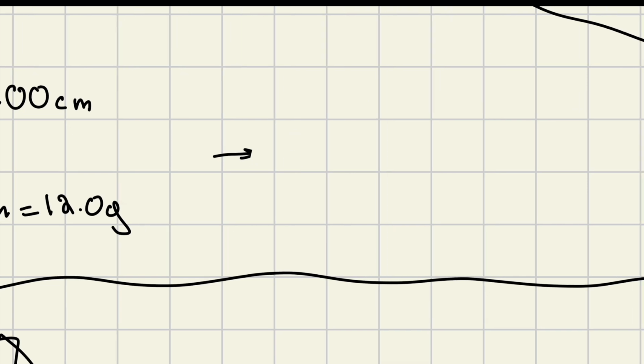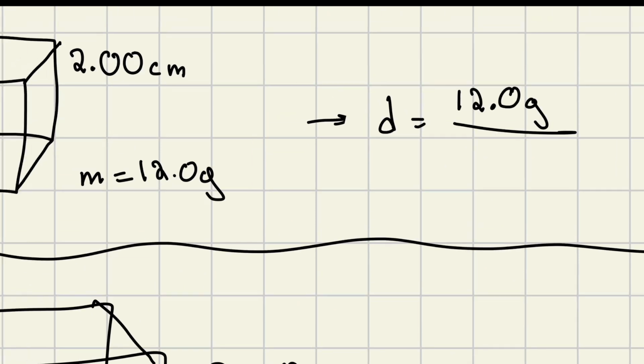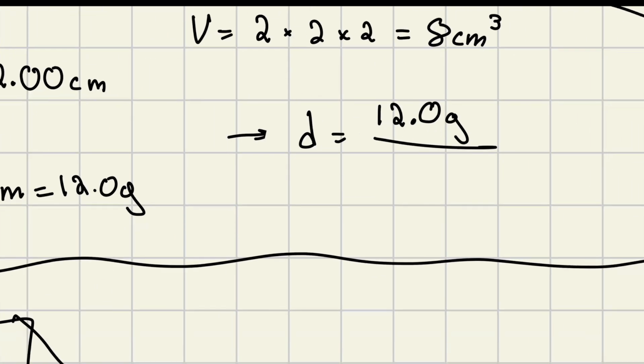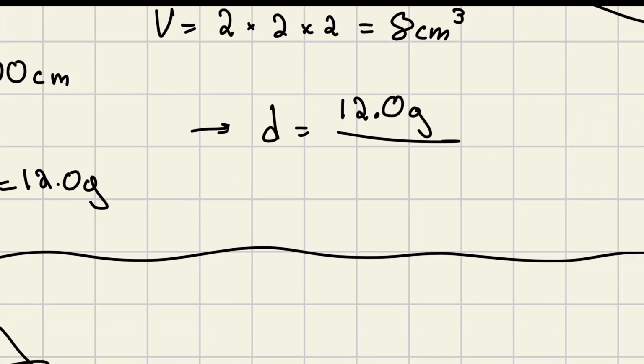So for density, equal to, I believe they said 12 grams over, and oops, 488 cubic, not cubic, centimeters cubed.